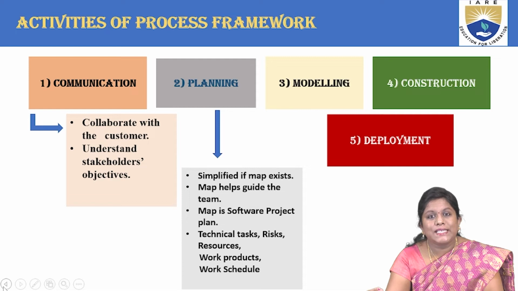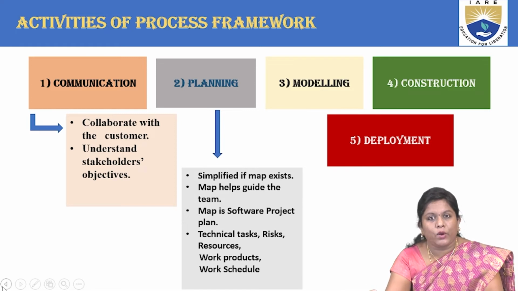For what intention are you doing all this? You have to satisfy the customer. The end user output has to be efficient. Then only, whenever you create an application, it works well and exists for a longer period of time. That is why you need to collaborate with the customers.